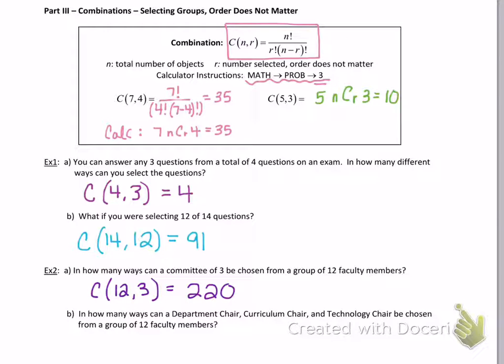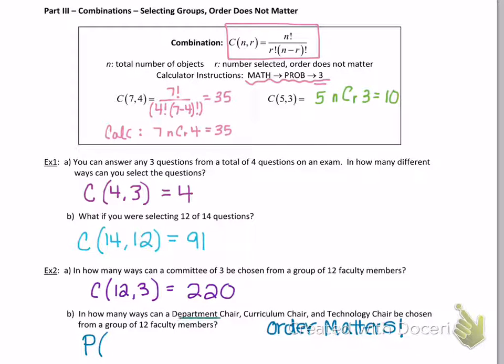And B says, in how many ways can we then choose a department chair, a curriculum chair, and a technology chair from those 12 faculty members? So in this situation, order matters. Once again, we've come back to a permutation.